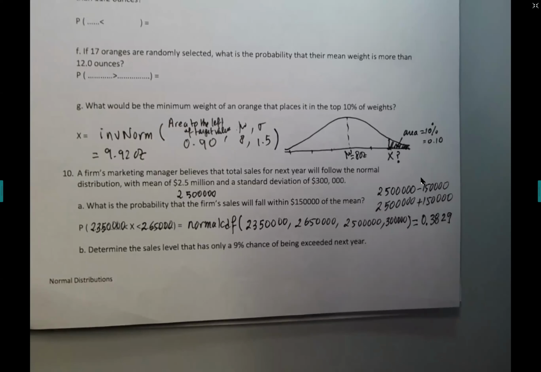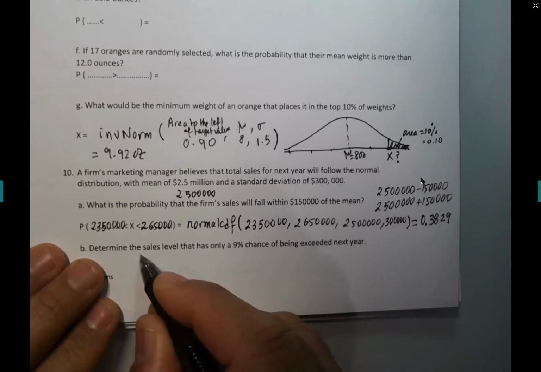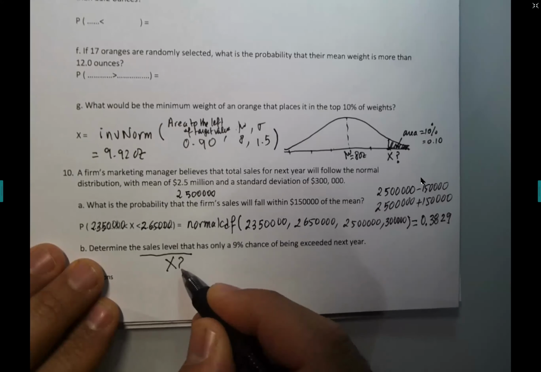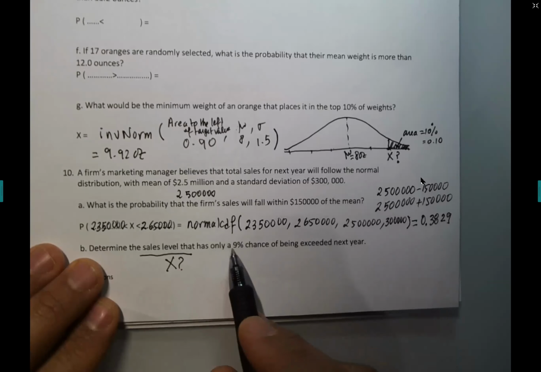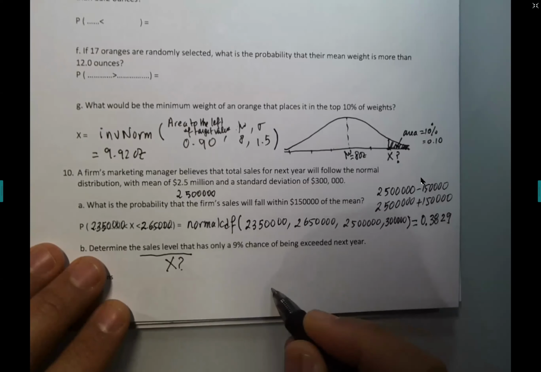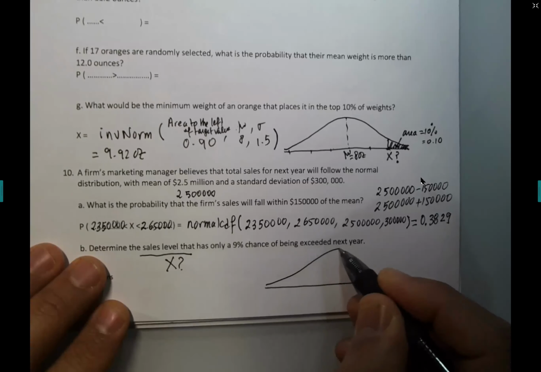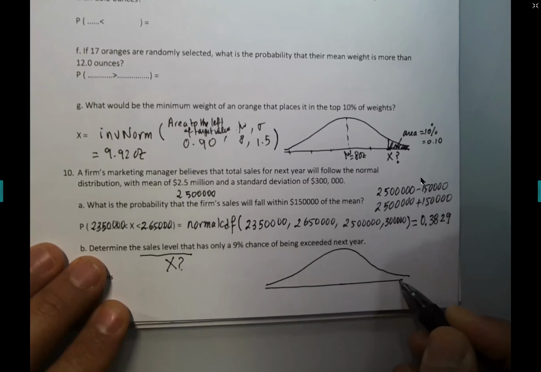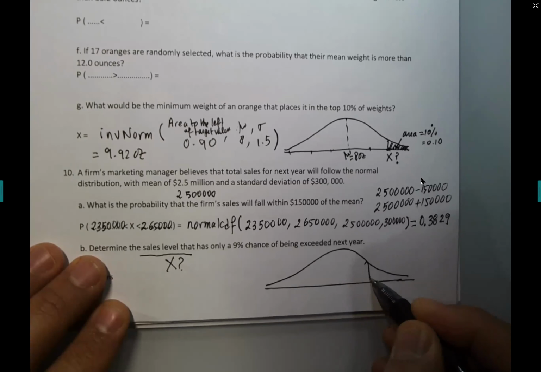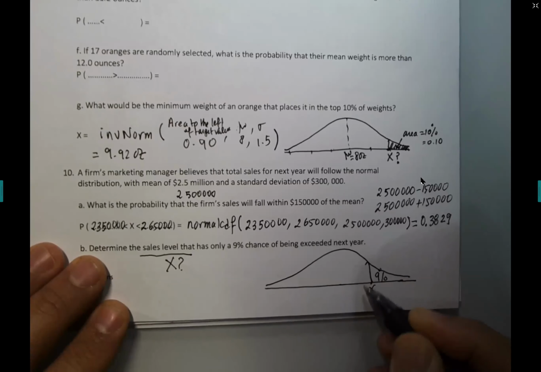B, determine the sales. So he wants the X value now that has only 9% chance of being exceeded. Watch, guys. This is the 9% right here. Only 9% of sales can exceed this, so it has to be on the right.